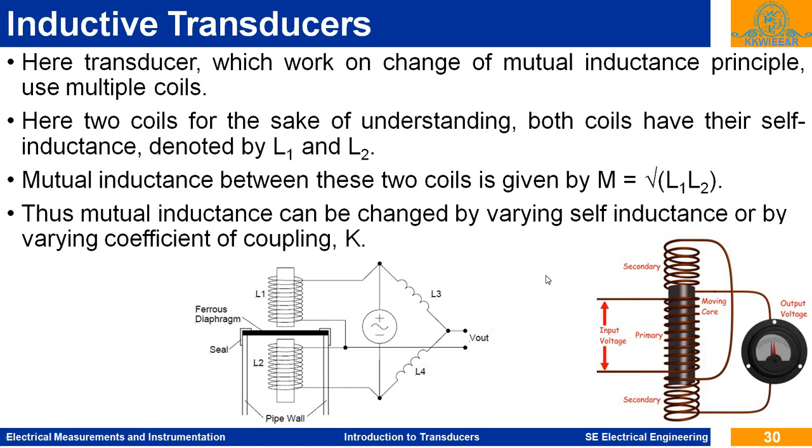It is used for the measurement of the displacement of the tool post on the CNC machine or on the lathe machine. This LVDT is placed and this moving plunger is connected with the tool post, so it will convert this displacement of the tool post in terms of voltage.